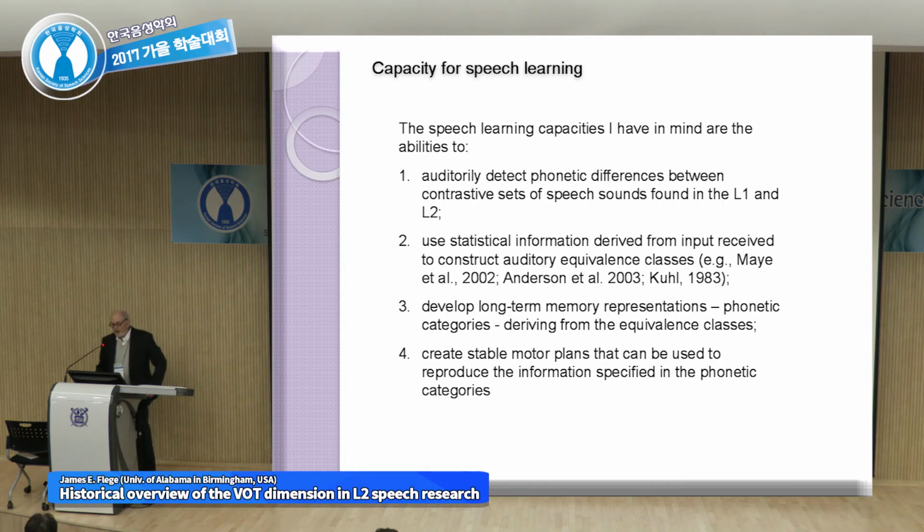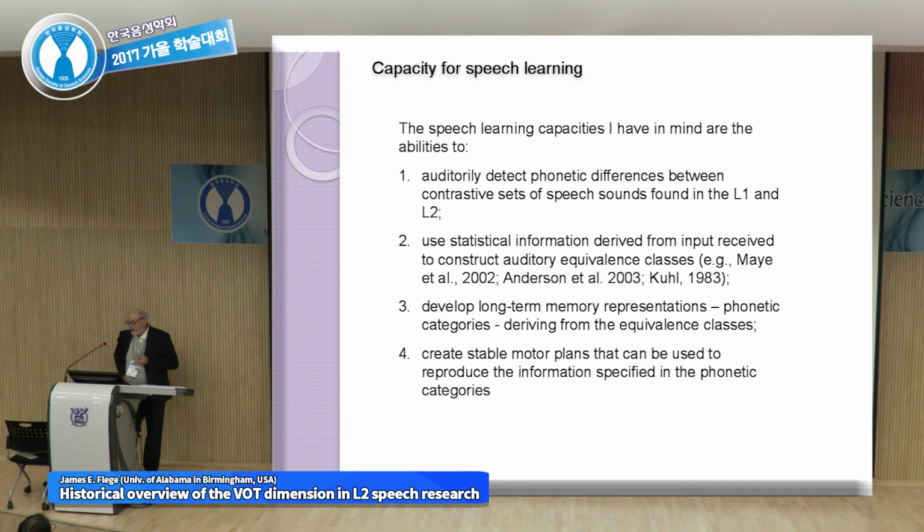The speech learning capacities I have in mind are the abilities to, number one, auditorily detect phonetic differences between contrastive sets of speech sounds found in the L1 and L2.